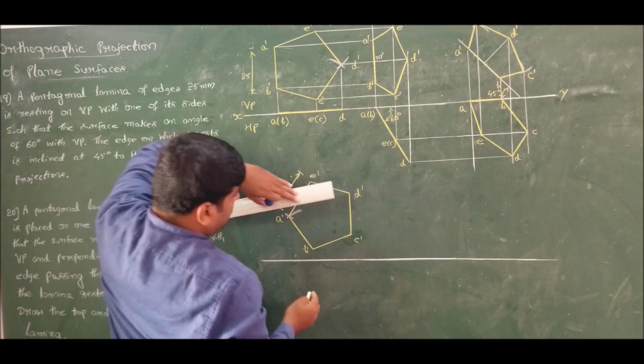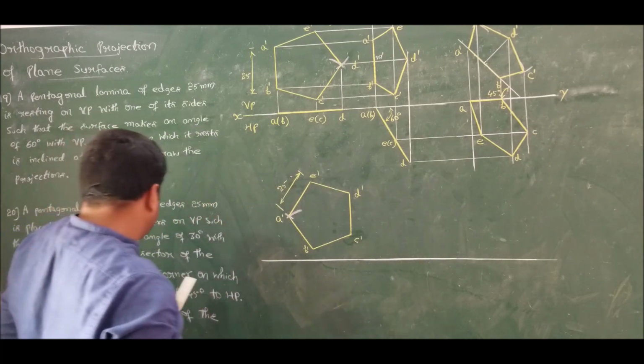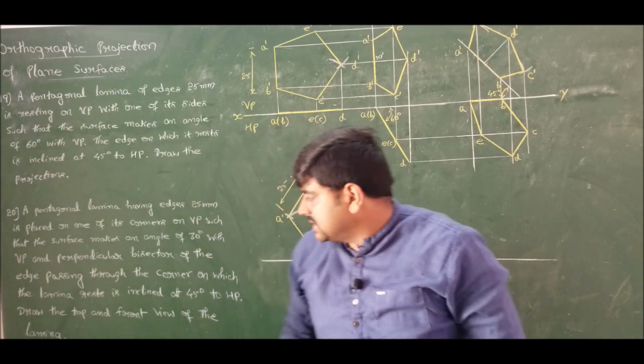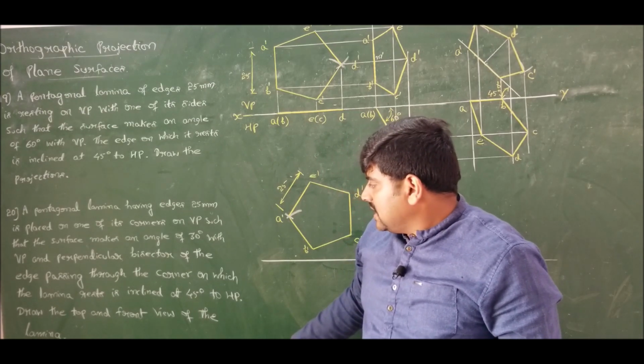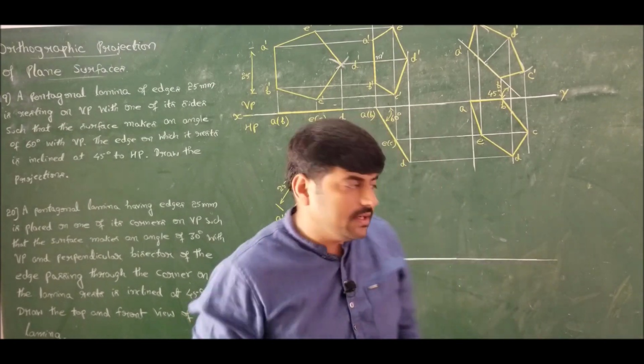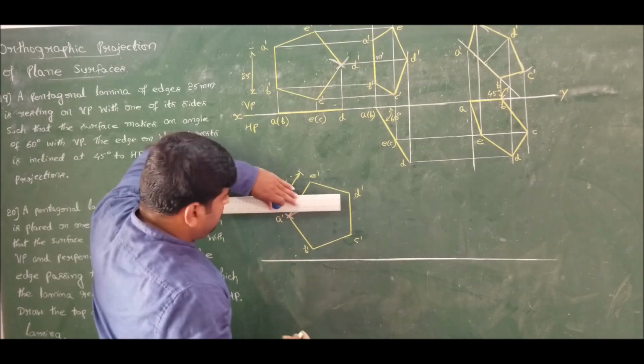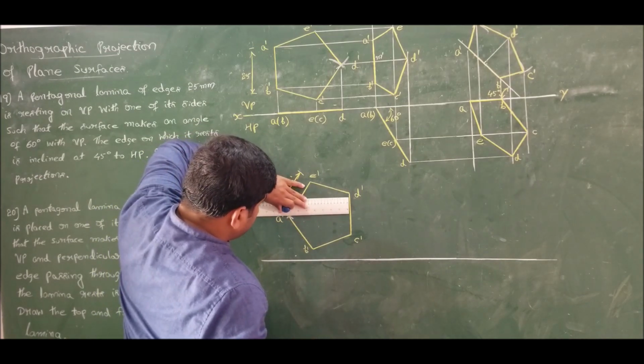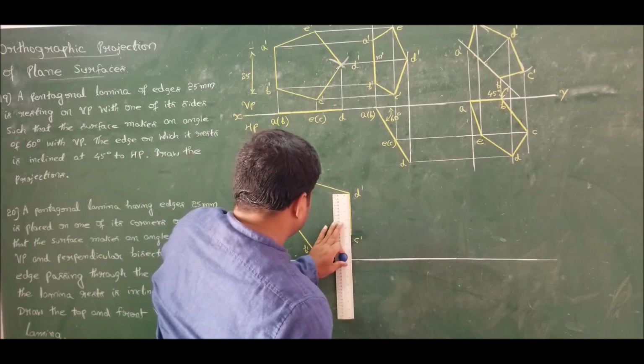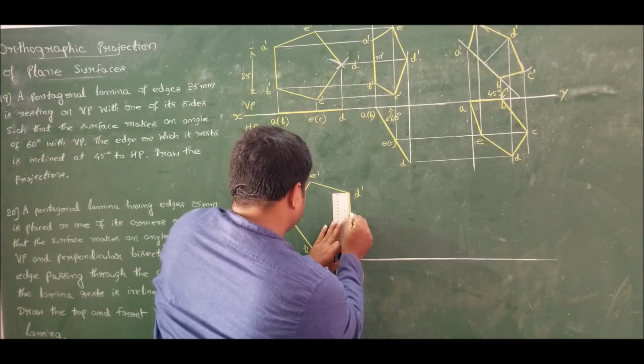Also we want the perpendicular bisector, because he is stating that the perpendicular bisector passing through the corner on which it rests is inclined at an angle of 45 degrees to HP. So I want the perpendicular bisector throughout the problem. Therefore measure 12.5, 12.5 on either side.